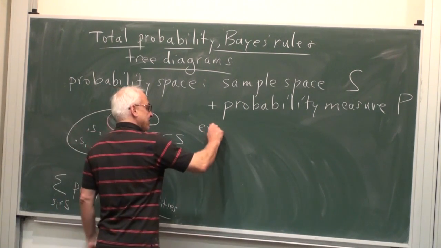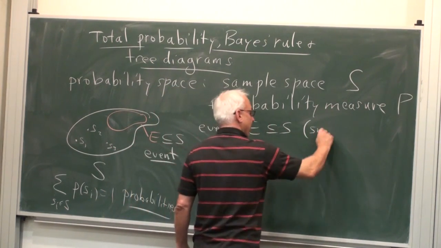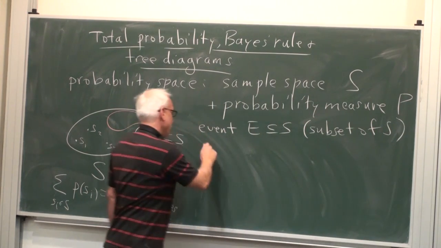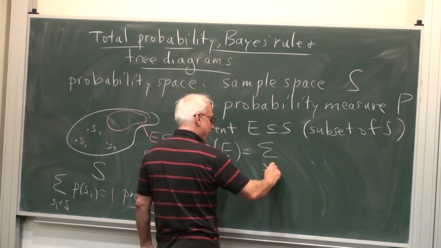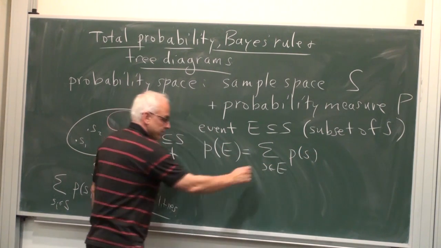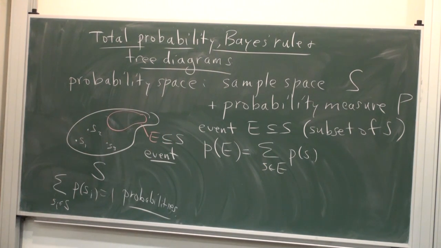So we define the probability of E to be the sum over all the s belonging to E of P of s. Okay, so that's the general setup.